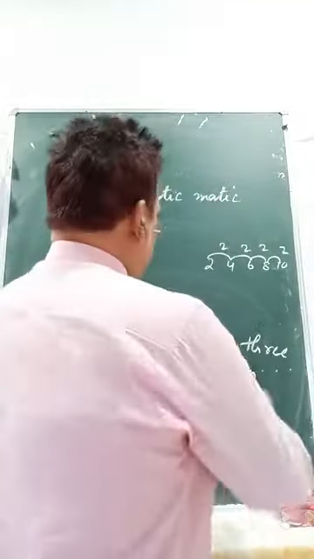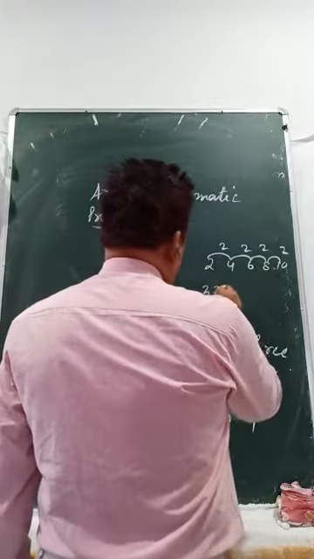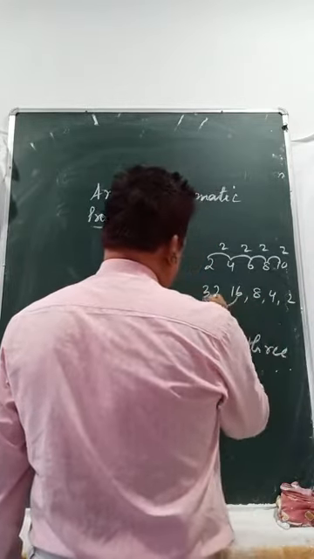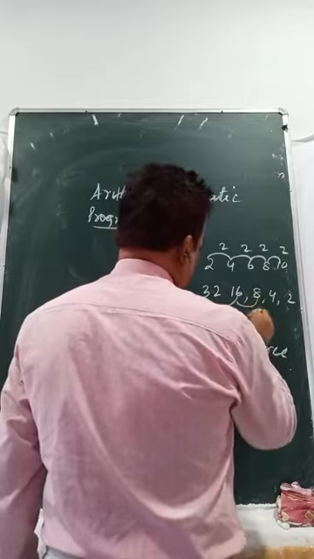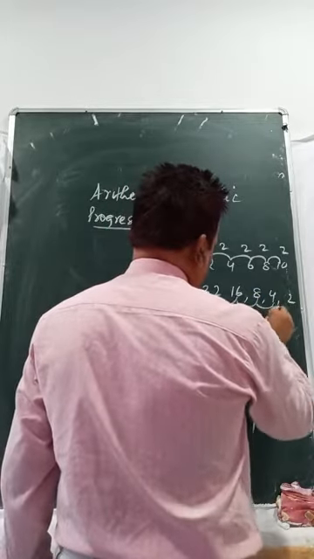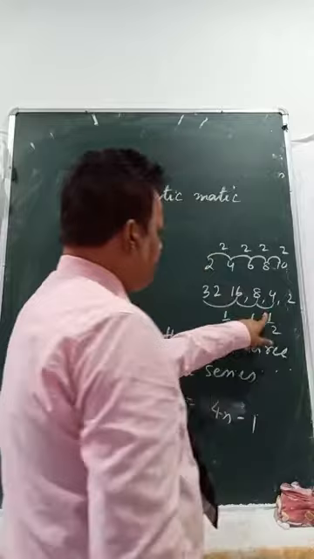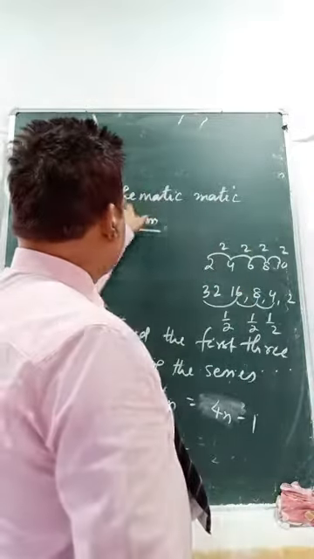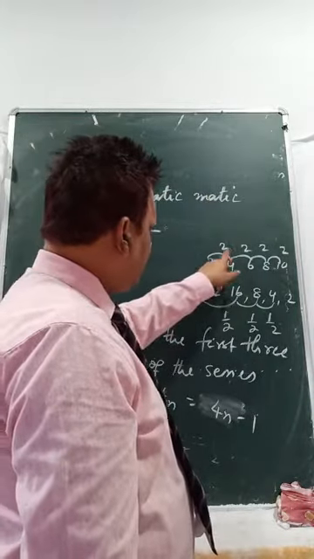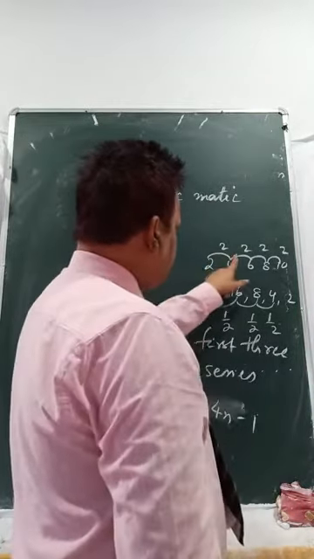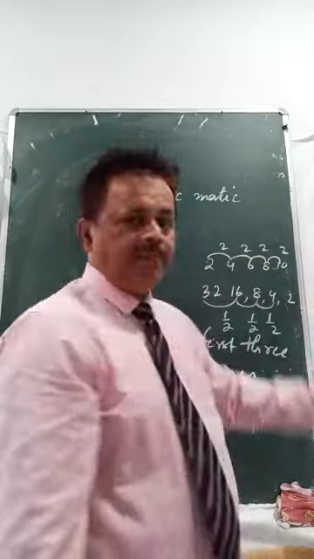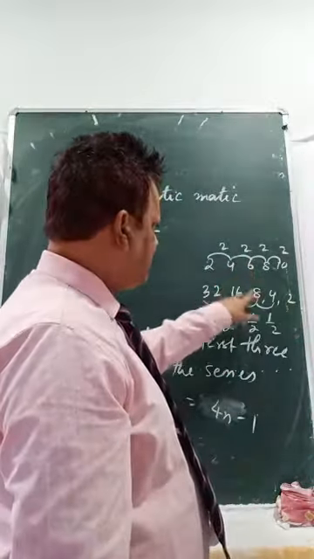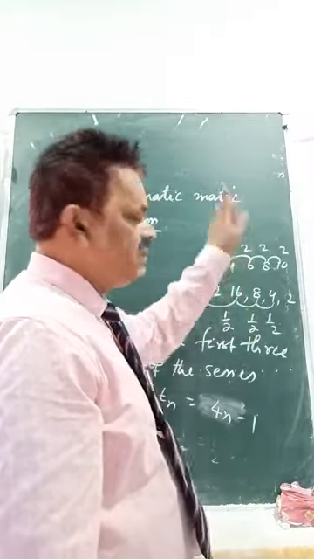Now if I write 32, 16, 8, 4, 2, then you find division is half. This is another kind of relation. This is also a sequence. But when this sequence will become arithmetic progression, the common difference between the two consecutive terms will be same. So this series is not AP, but this series is AP.